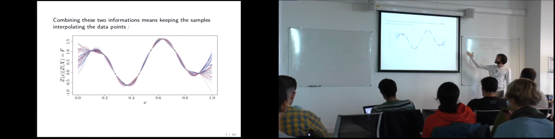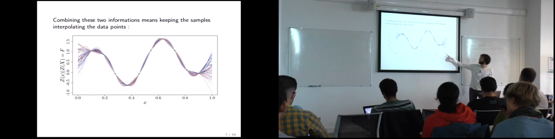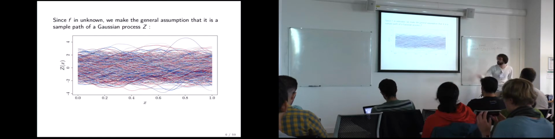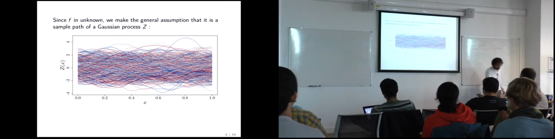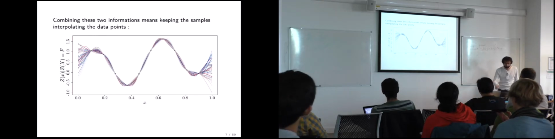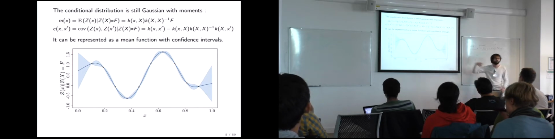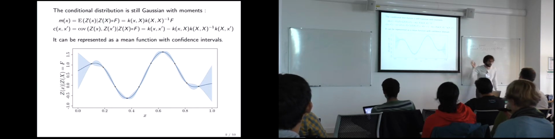So here you can see all the conditional samples, and what has been discussed this morning is that this is still a Gaussian process with a different mean and a different covariance function compared to the mean and the covariance function of our prior. So this would be the prior distribution, and this would be the posterior distribution. So it's not very convenient to work with these samples, and in practice, that's really not what we are doing.